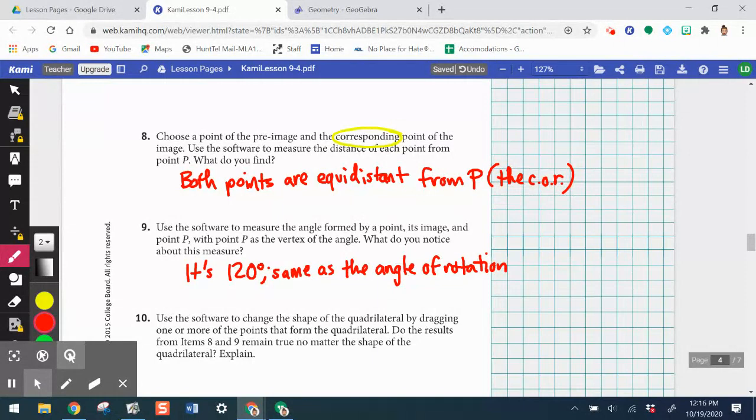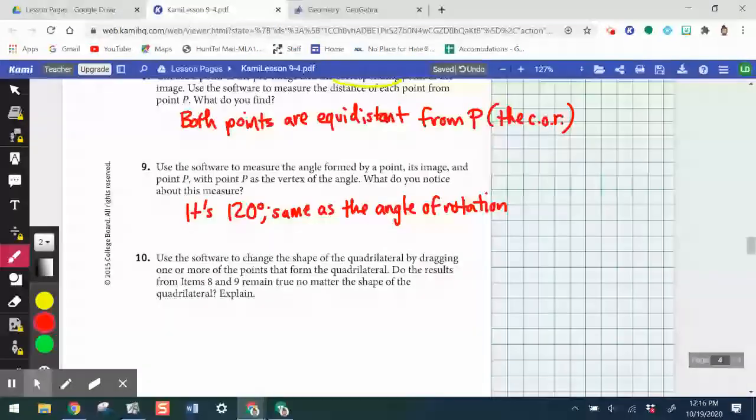So again, we can use a point and its corresponding point in the image to find the angle of rotation. Lastly, on 10, and this is where you can play around a little bit, you are tasked with changing the points of the quadrilateral to see if what we said in items 8 and 9 still remains true.